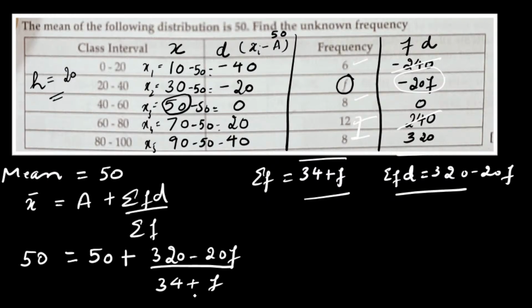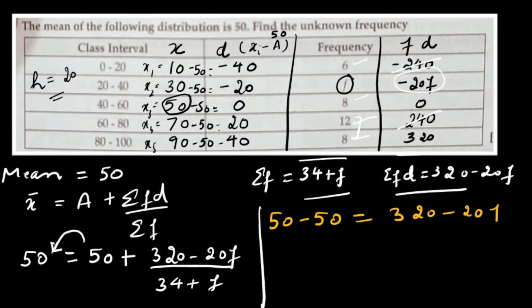Now this has become a linear equation. We can just simplify this. First of all, I am going to shift 50 to the other side. This 50, when we shift to the other side, will become minus 50. So 50 minus 50 is equals to this fraction, 320 minus 20f by 34 plus f. 50 minus 50 is 0.